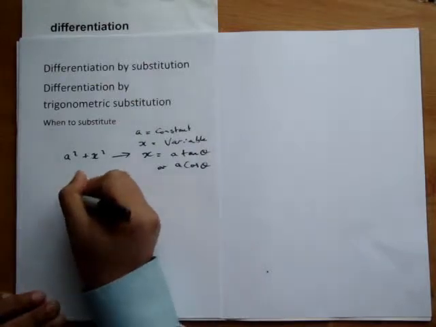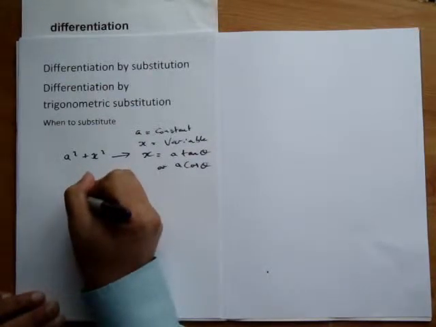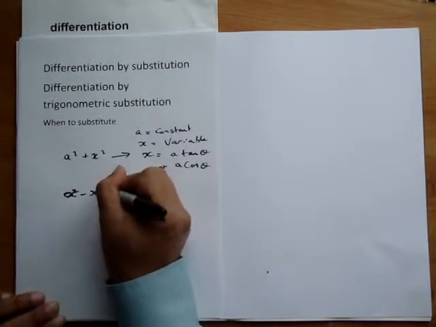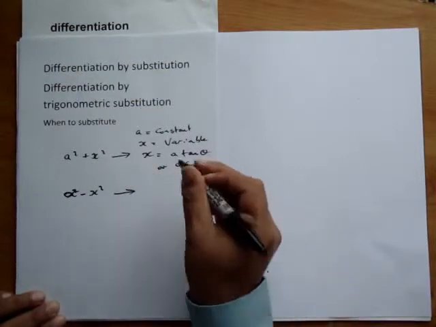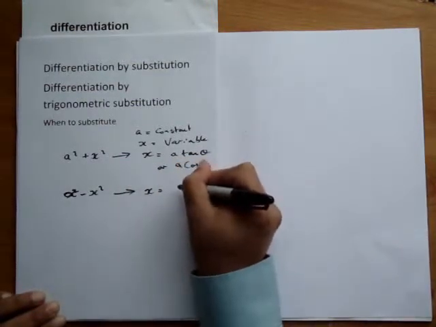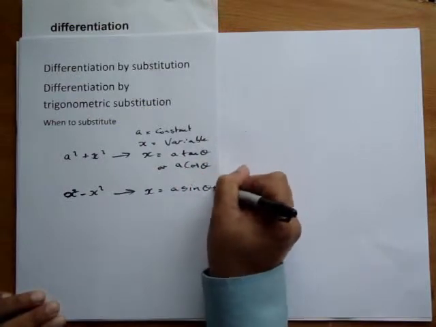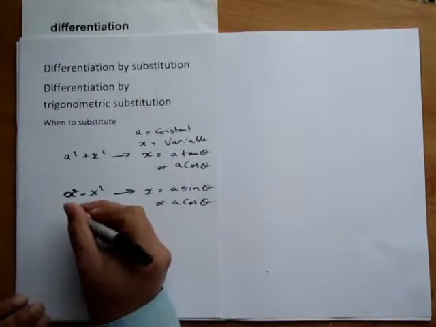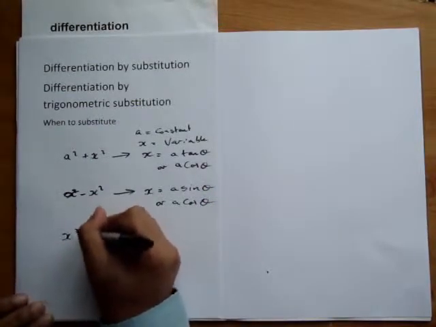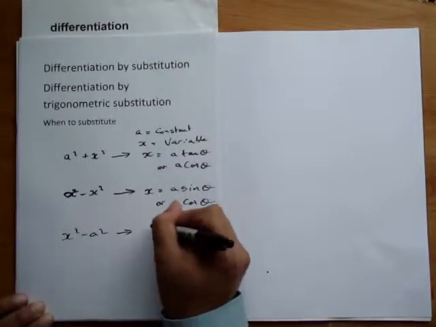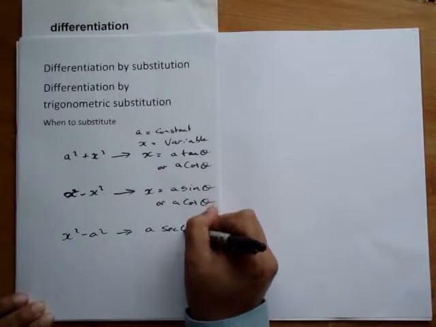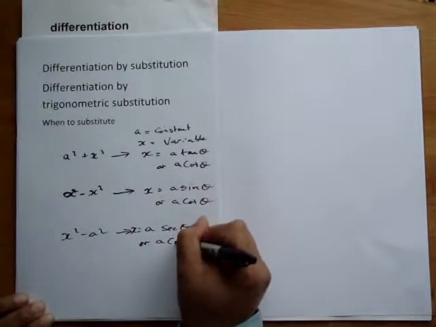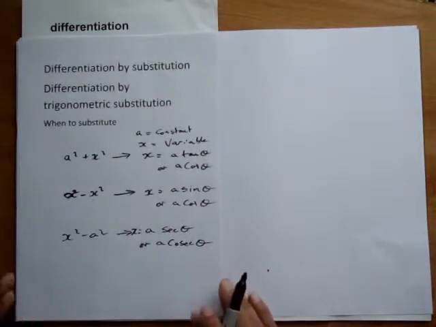Where we have something like a squared minus x squared, we can substitute x with a sine theta or a cos theta. Where we have x squared minus a squared, we can substitute with a sec theta or a cosec theta.